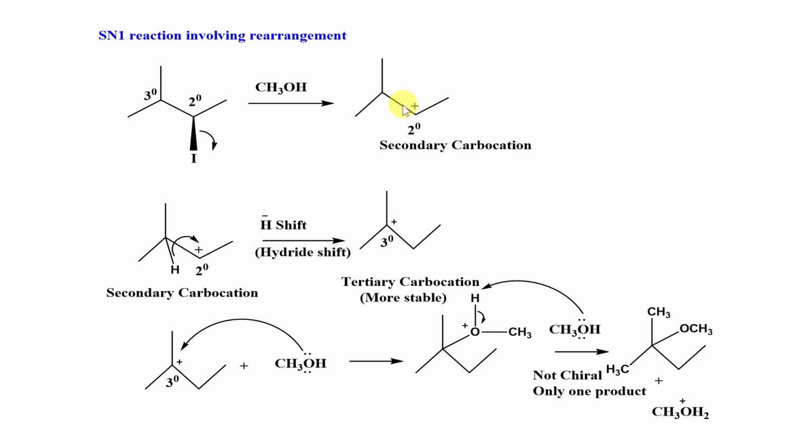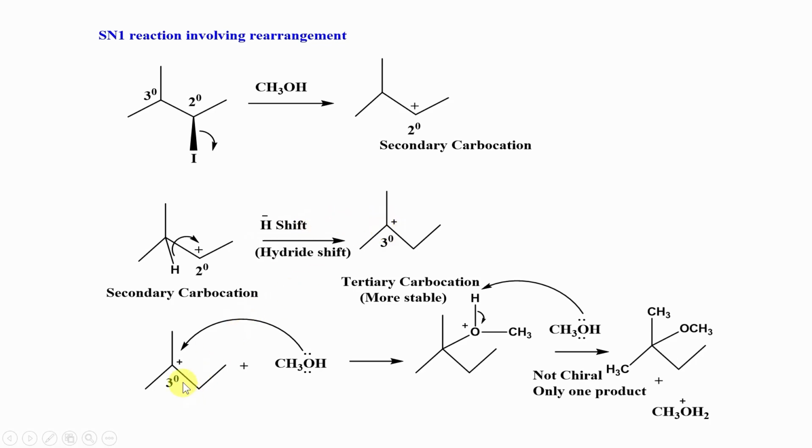But you can see the carbon atom attached to this secondary carbocation is a tertiary carbon atom containing a hydrogen, and through hydride shift from this tertiary carbon atom to the secondary carbocation, this tertiary carbon atom becomes a tertiary carbocation. That is why this rearrangement takes place via hydride shift to form this tertiary carbocation.